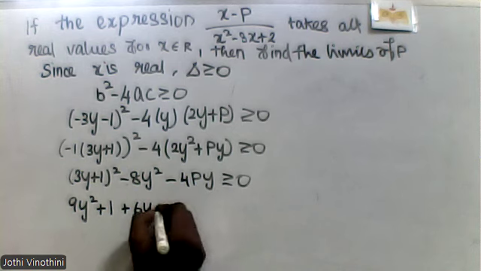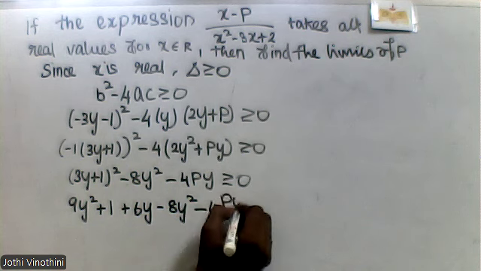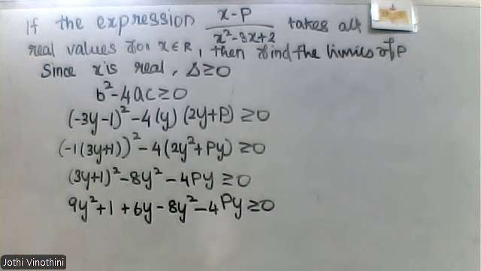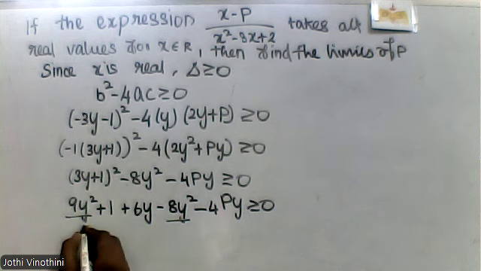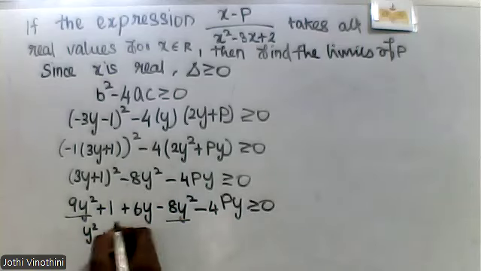What we have is minus 8y squared minus 4py must be greater than or equal to 0. So we have y squared terms: 9y squared minus 8y squared, 9 minus 8 is 1, so y squared. Then we have 2 y terms, so I am going to take y as common.